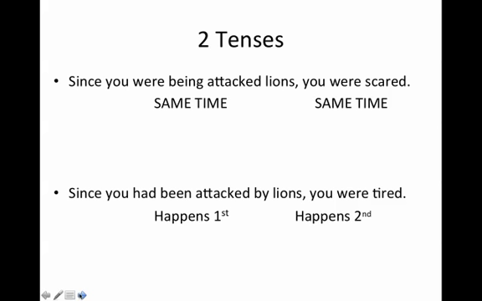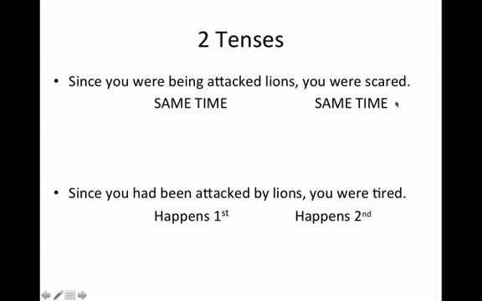Okay, so we're still going to work with the two tenses, the imperfect subjunctive and then the pluperfect subjunctive, both passive, of course. So an example would be, since you were being attacked by lions, you were scared. Since you were being attacked by lions is happening at the exact time that you are being scared.